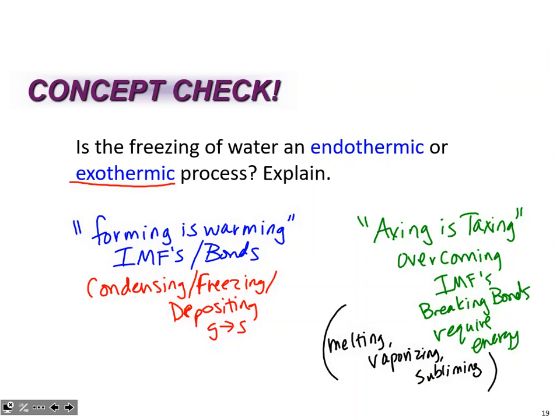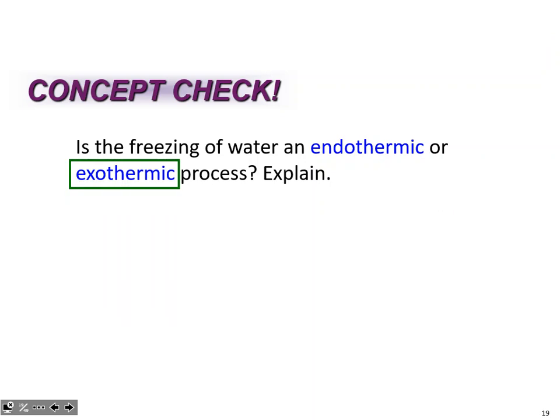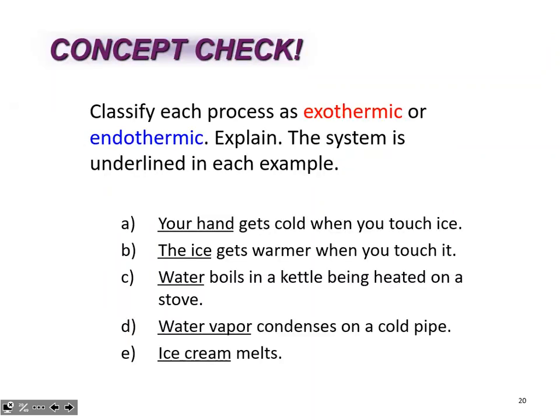So going with that, let's look at our next example here. Your hand is the system. If it gets cold when you touch ice, that's because what? Energy is leaving your hand.